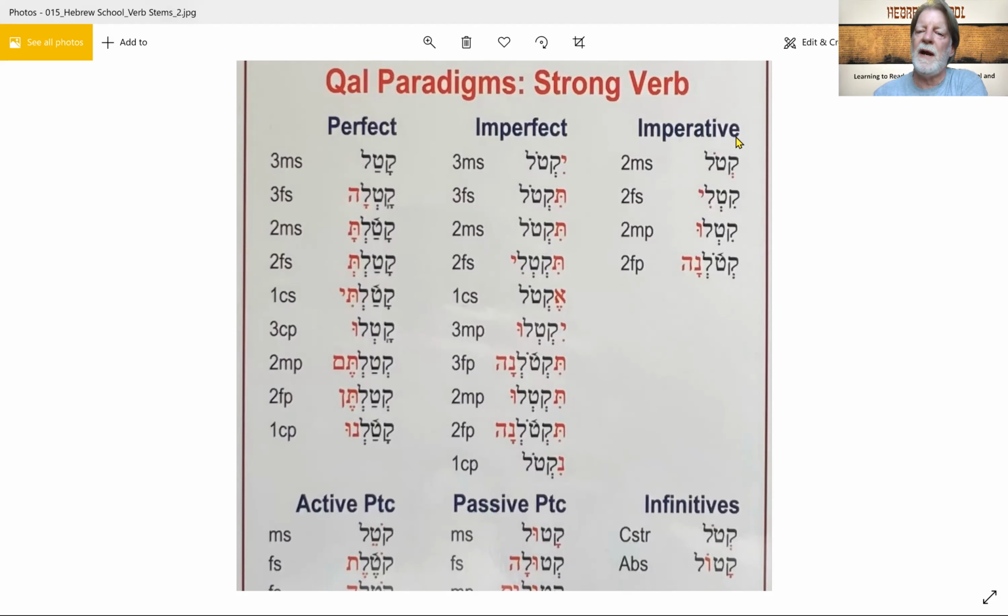For the imperative, the command sense, it's kind of hard to distinguish between an ordinary indicative verb and an imperative verb, but the context will make that much easier.